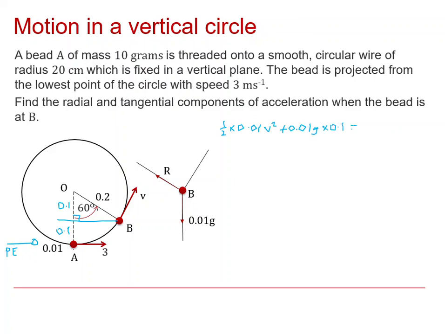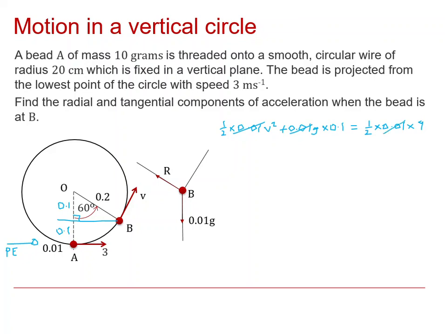And that will equal the initial energy, no potential energy to start with, just kinetic, so a half times 0.01 for the mass times the 3 squared, which is 9. Now immediately we can see that the 0.01s cancel out. We might have expected that.